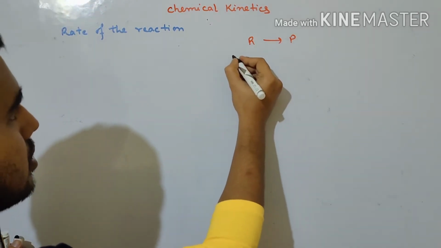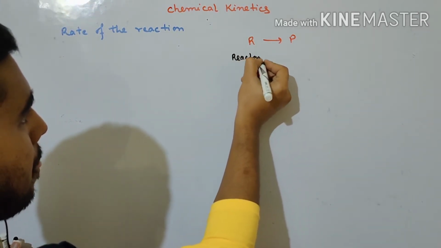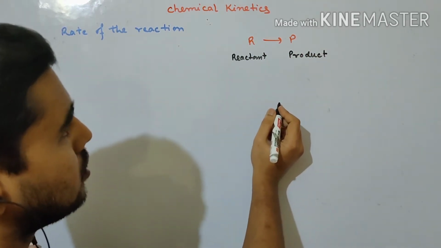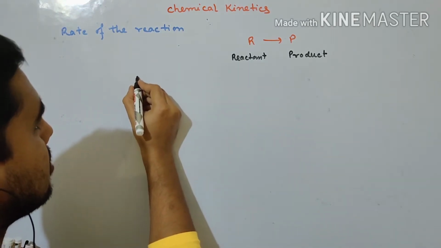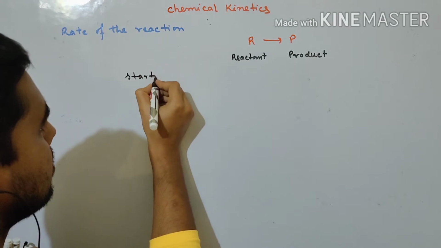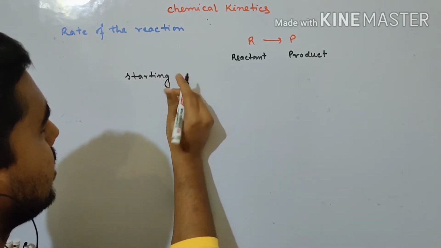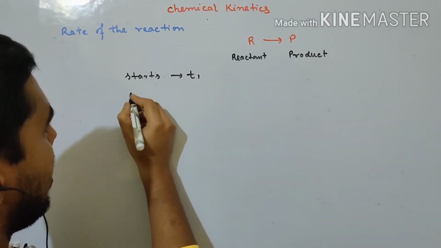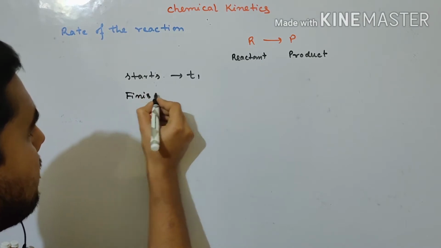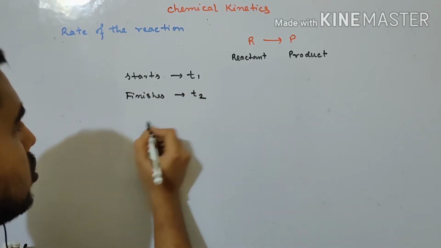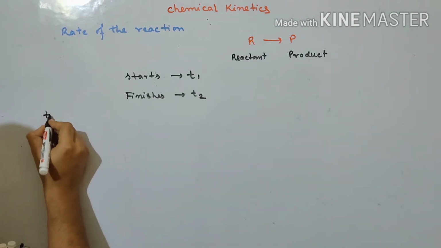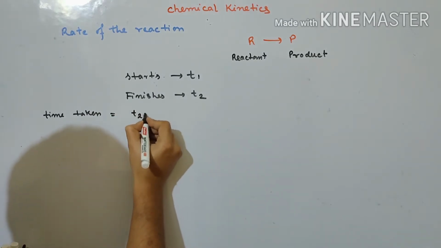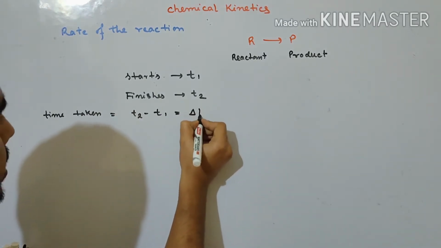First is, obviously, reactant and product. The reaction starts at T1 and finishes at T2. So first thing first, the time taken should be written as T2 minus T1, which is delta T.